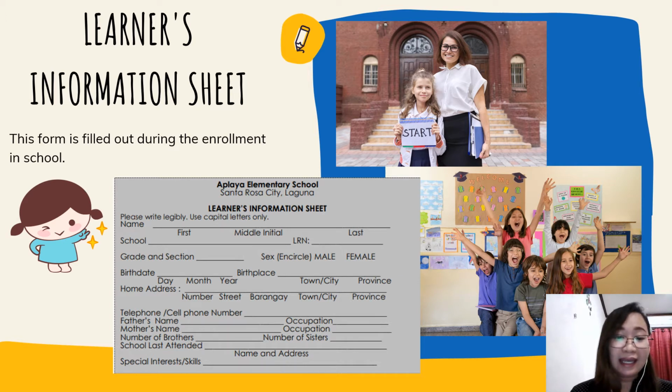You have your birthday, day, month, and year, birthplace, or where you are born, town or city, and province, and home address, number, street, barangay, town or city, and province, telephone or cell phone number, father's name and his occupation or his job or work, mother's name and her occupation or her job or her work, the number of brothers you have, the number of sisters you have, and the last school attended.